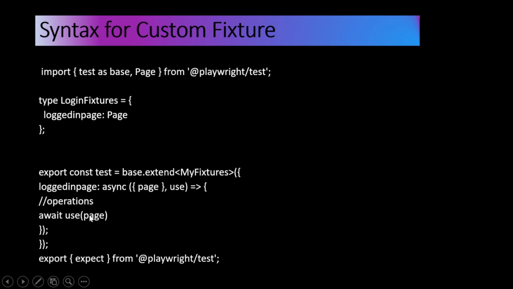So this will store the data. After this operation, we are storing this object into test, and then using export, we are exporting it so that we can use it in the test file. And at last, we are exporting expect as well, so that we don't need to use expect from a different library. So you will soon understand what it means.